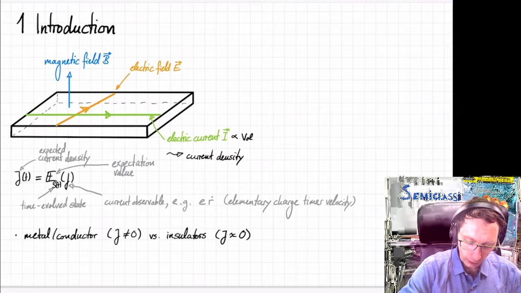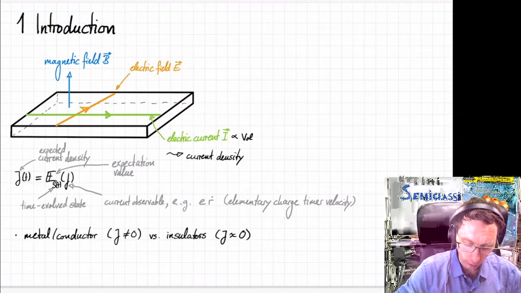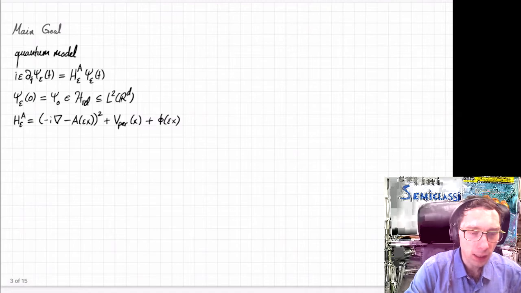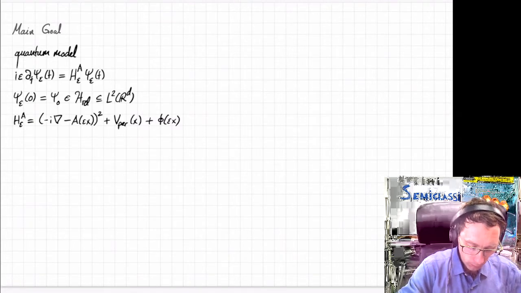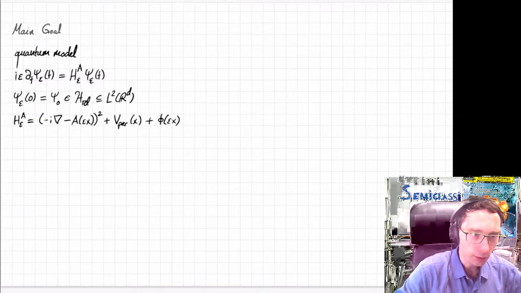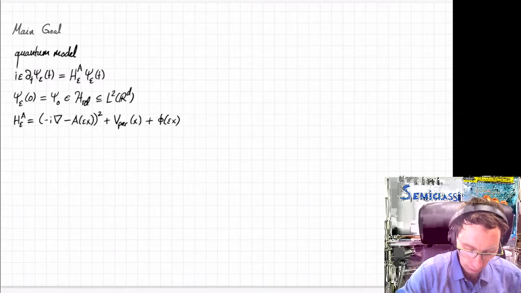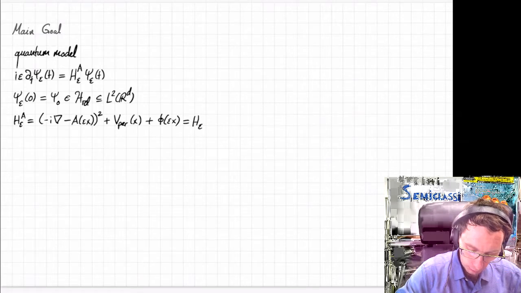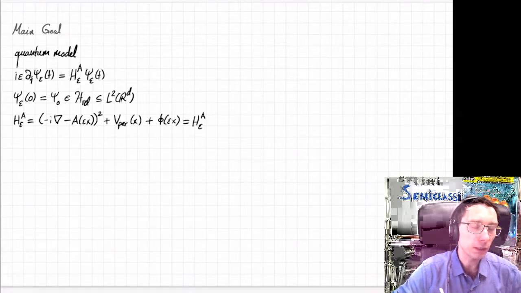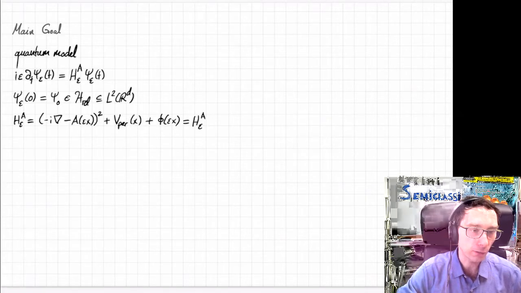So the A generates the magnetic field, and phi is the potential for the electric field. And then, under very mild conditions on the potentials, you can show that this is indeed a self-adjoint operator on, for example, typically the second magnetic Sobolev space.